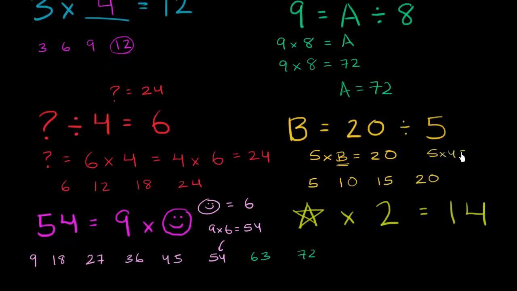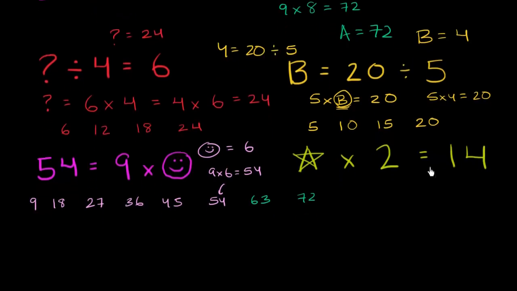So that tells us that B must be equal to 4. So we could write 4 is equal to 20 divided by 5, which is absolutely true.